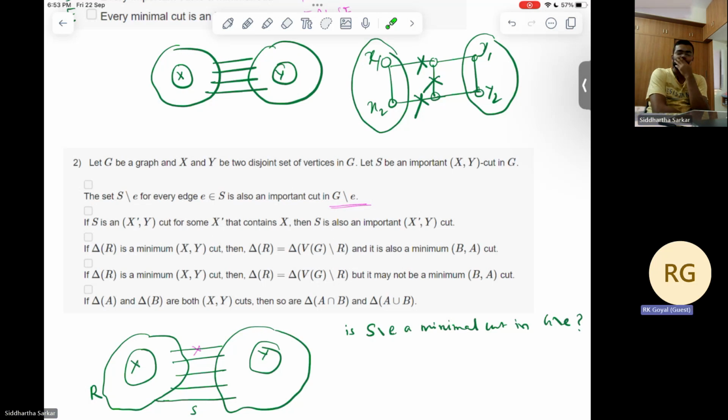Quite possible that because of the interdynamics of X and Y, even if you remove E, some of the connectivity may remain maintained. Okay, fine, I understand what you're saying.